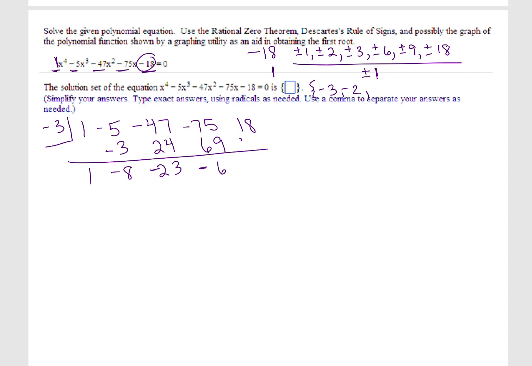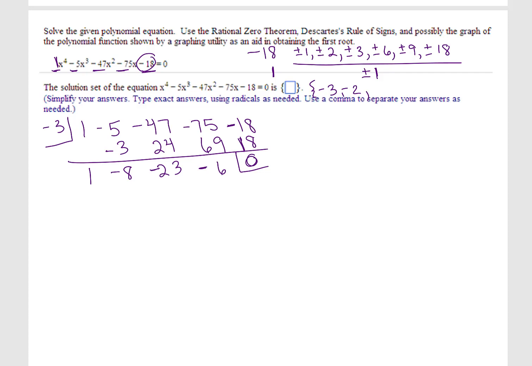This should be negative 18. I absolutely knew that can't be right because I'm about to put positive 18, and positive 18 plus positive 18 is going to give me a positive 36, and I absolutely have to have a 0 here. Okay, so that works out.